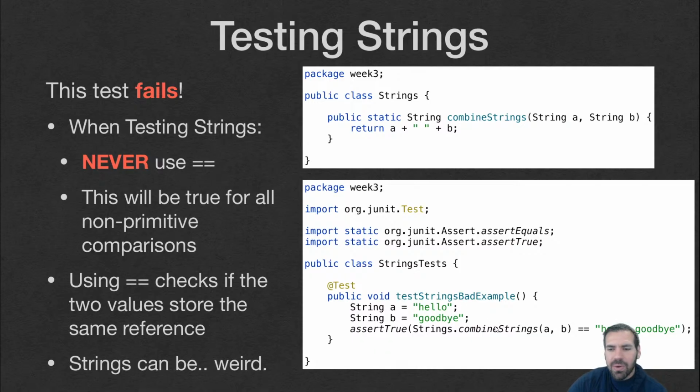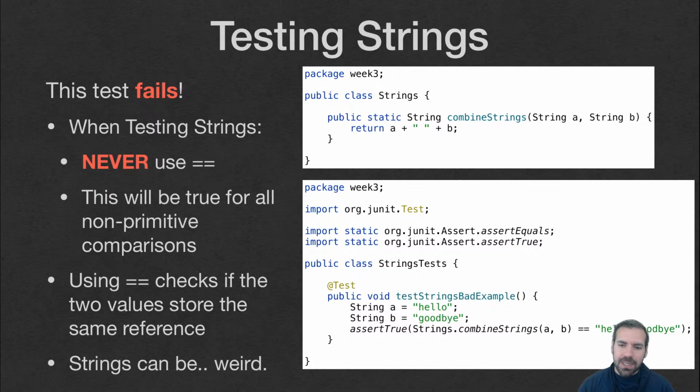But equal equal for strings, no good. So what equal equal does is checks if the values stored in your variables are the same, right? That might sound obvious on the surface, but if we think about that a little bit, we have a problem because String is a capital S. Now we pretend string is a primitive for our memory diagrams, and most of the time we're going to get away with that just fine.